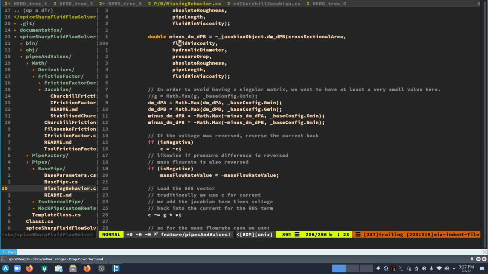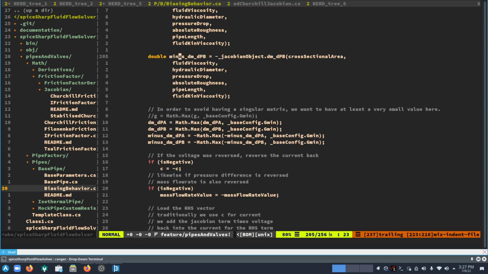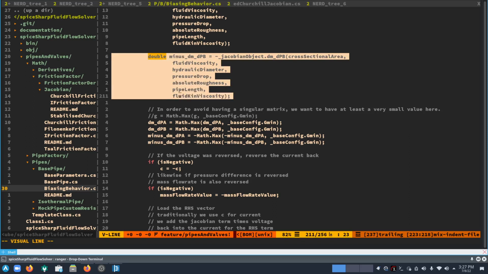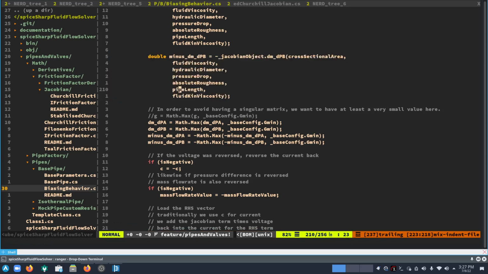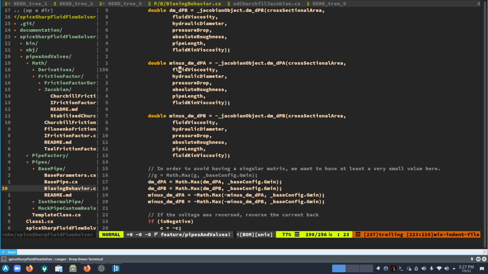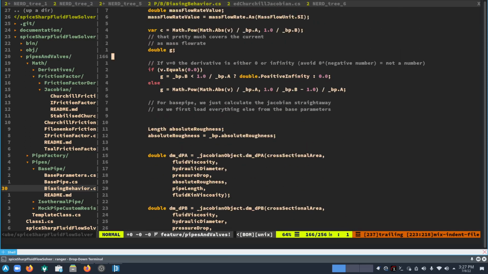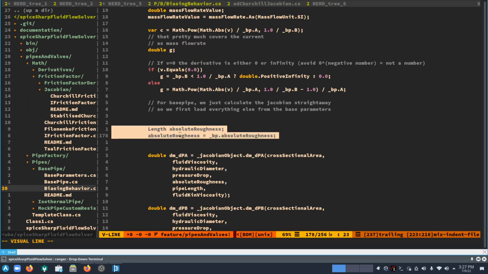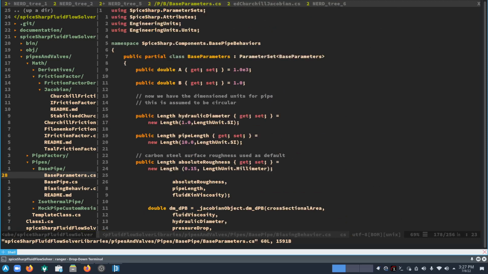And actually, I also didn't tell you how I got those mass flow rates and everything. This is how I get the minus dmdPB and everything. I need cross-sectional area, fluid viscosity, and so on. The absolute roughness I get from the base parameters. Actually, I hide it all within here.